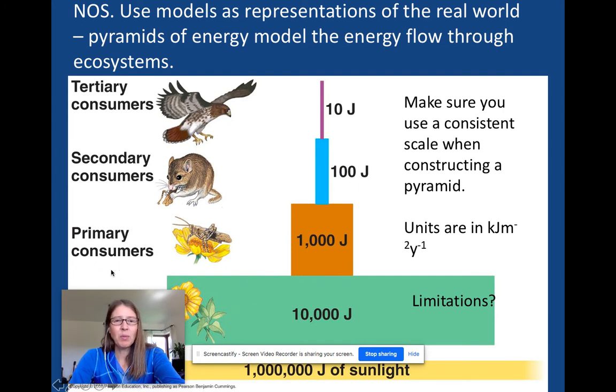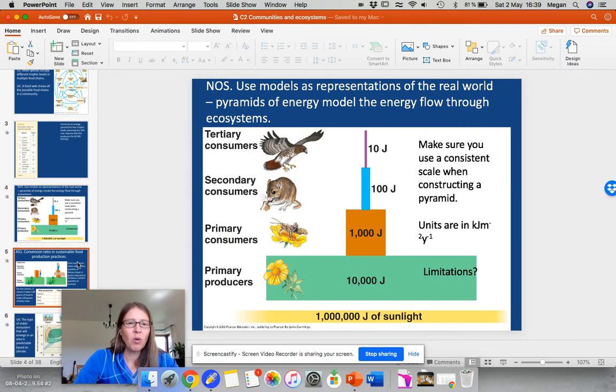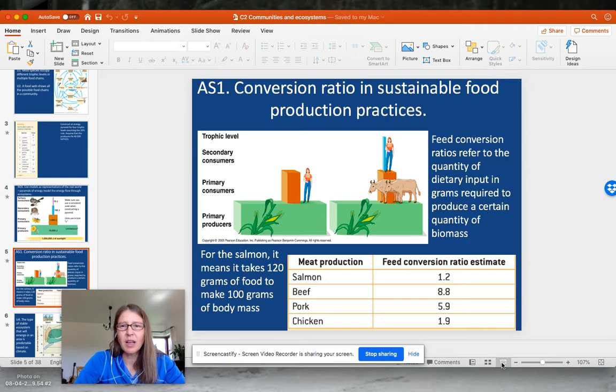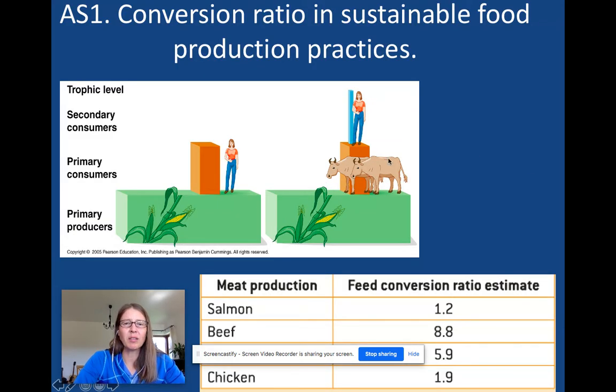Okay, so I'm pretty sure there's one more thing we have to do. We have to look at the conversion ratios in sustainable food production practices. Okay, so what a conversion ratio is, is how many grams of food you have to feed an animal, and then how many grams you get out of that.